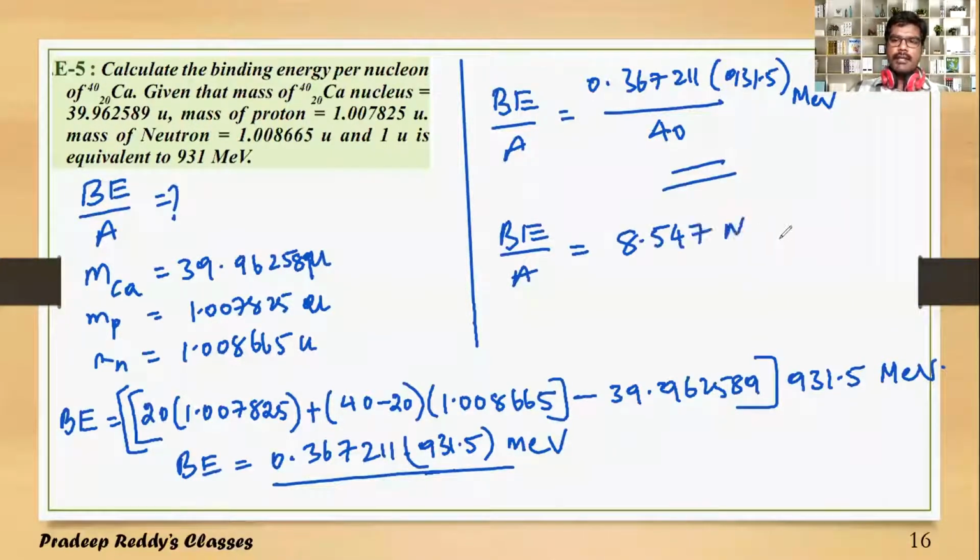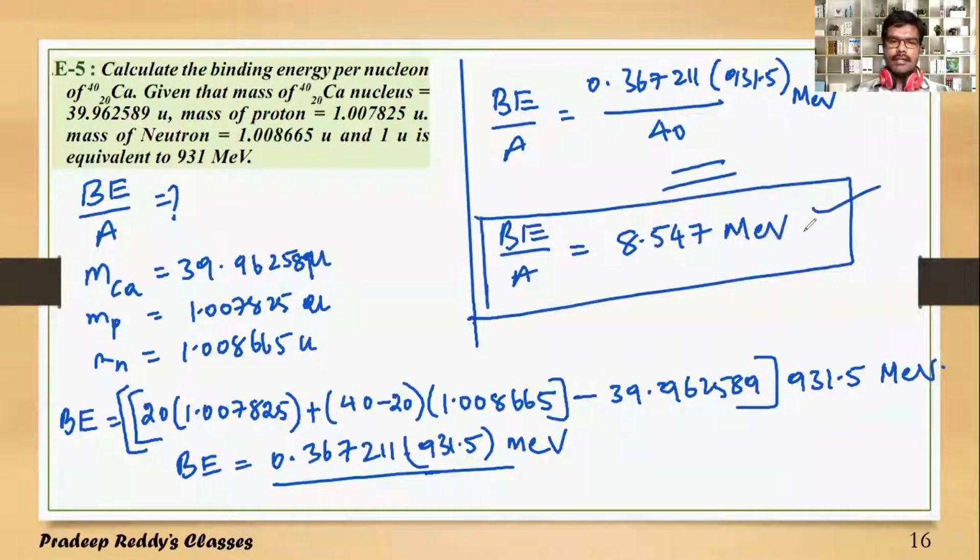8.547 million electron volt. And this value is exactly valid with the values we discussed in the previous video. We discussed the binding energy curve, right? The average binding energy per nucleon value should be between 7.9 and 8.2, so this is also valid.